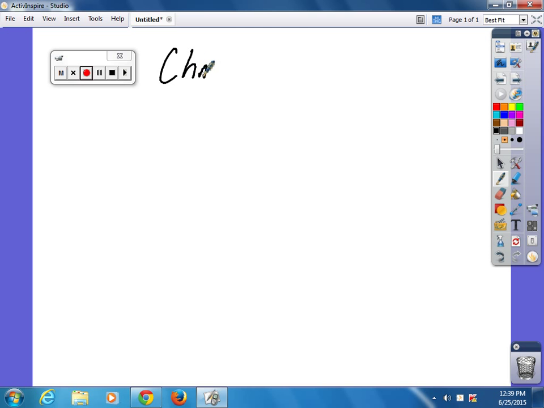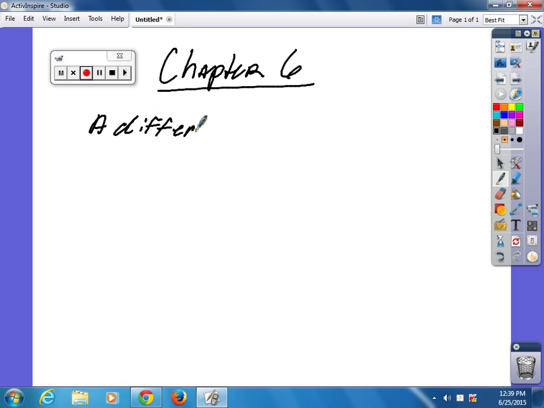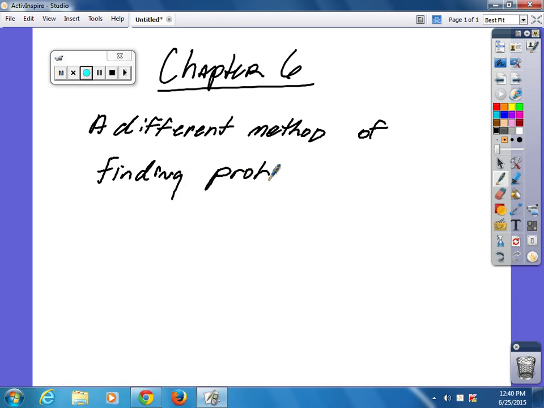Chapter 6 is going to show you a different method of finding probability.